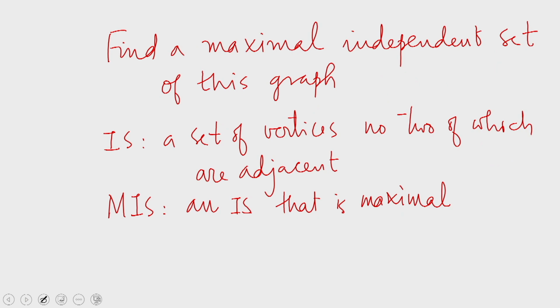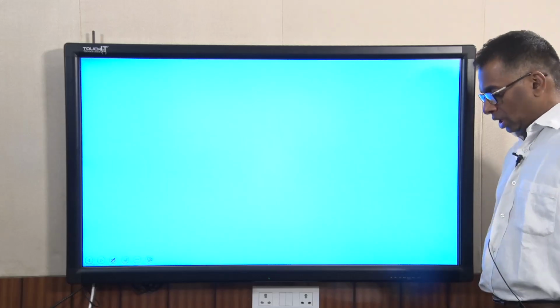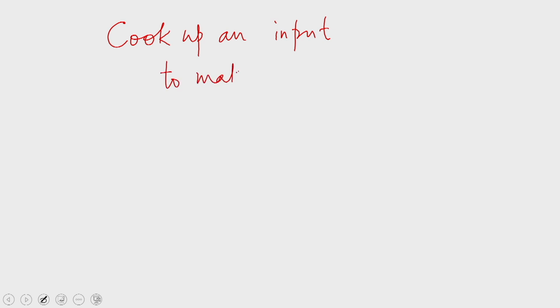So, what we have done is to construct this graph based on the algorithm that you have given, and then we have formed a maximal independent set of this graph. After this, let me cook up an input to make your algorithm perform badly.